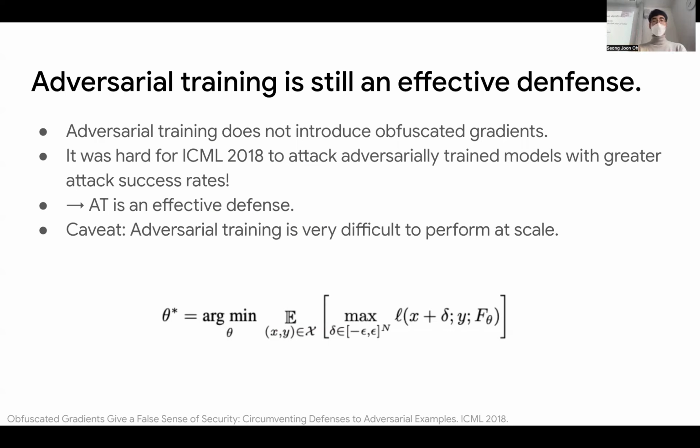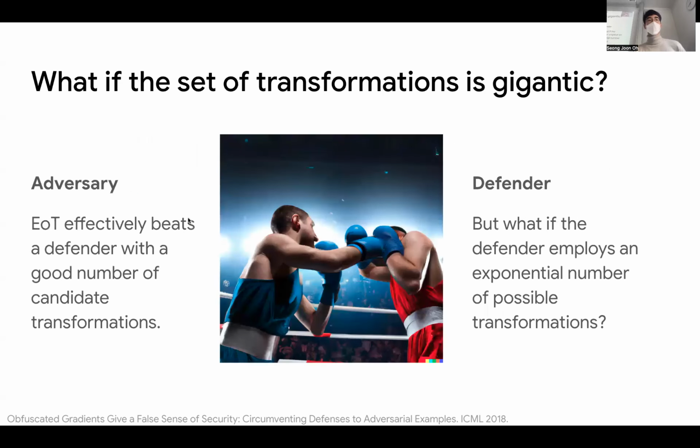But at least from the community perspective, I think adversarial training is still understood as a strong defense. The only caveat is that adversarial training is still very difficult to perform at scale. If you're dealing with, let's say, ImageNet scale, and someone did adversarial training at ImageNet scale, then I would be very impressed. Although it's possible.